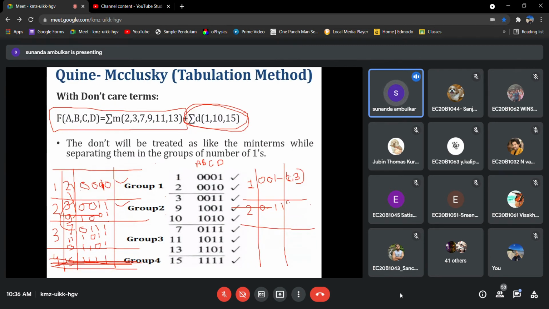So 3 with 7. Next, 3 is with what? 11. 3 with 11. What will be the representation? Dash, 0, 1, 1. 7 is checked.